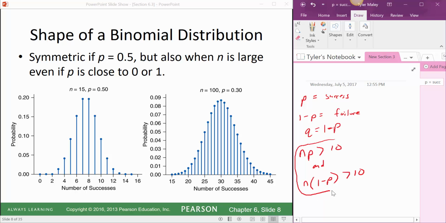If this is satisfied, we can assume that our binomial distribution is symmetric, is normal. So this is the condition, a general rule of thumb to use. Like here in this trial, if I take 100, let me scroll down here.